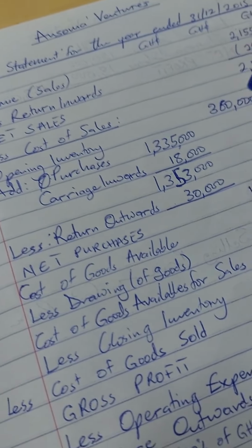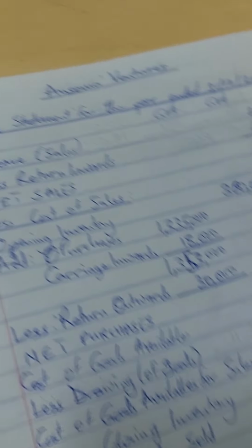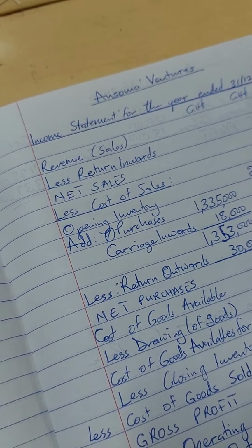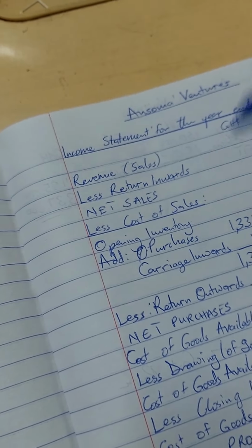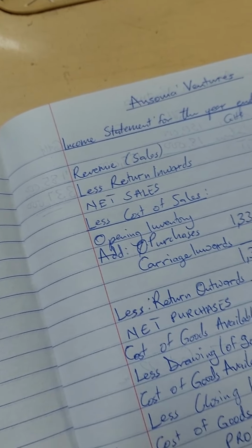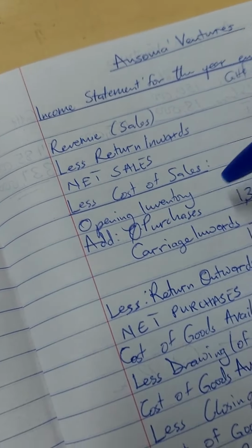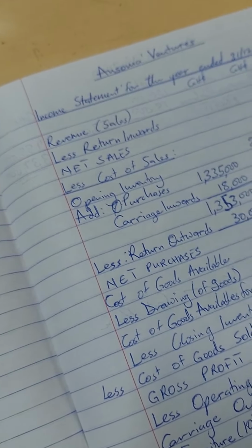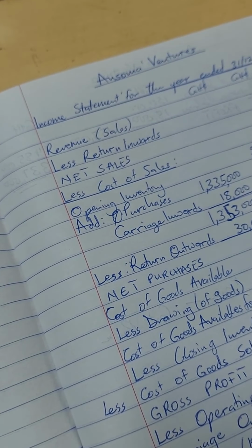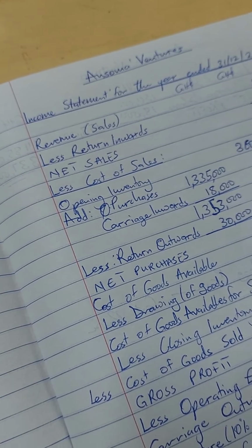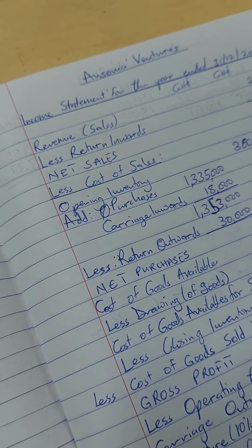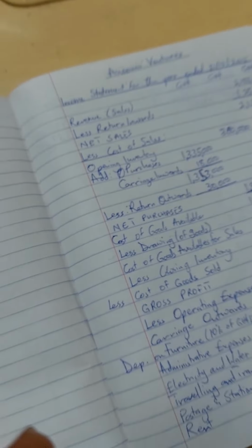So first, we bring our opening inventory and continue with what? After your opening inventory, what again did you sell? You went to buy goods to come and sell. And it's not just the goods that you bought. You actually incur transport in conveying the goods to the business. So we call those carriage inwards.